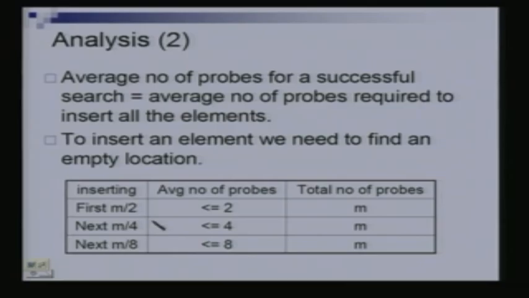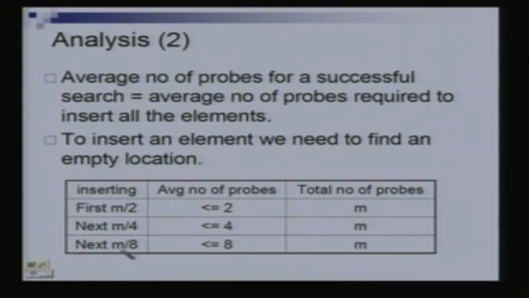Only 1/4 of the table is empty. So on an average, I'm going to require about 4 probes before I get to one of the empty locations. After all, I'm searching for an empty location to put this element in. So I need roughly 4 probes. I'm just placing this as an upper bound. I need at most 4 probes to insert all of these m by 4 elements. And so the total number of probes required to insert these m by 4 elements is m by 4 times 4, which is no more than m.